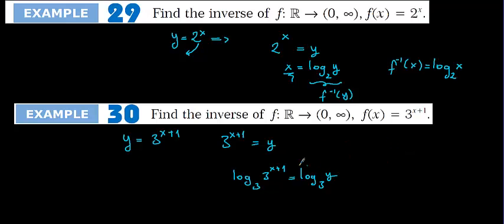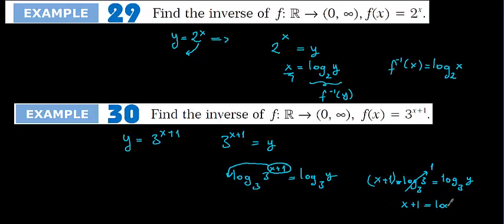I took the logarithm of both sides; the power x plus 1 comes in front of the logarithm, so it is x plus 1 times logarithm base 3 of 3, which is equal to 1, and this equals logarithm base 3 of y.